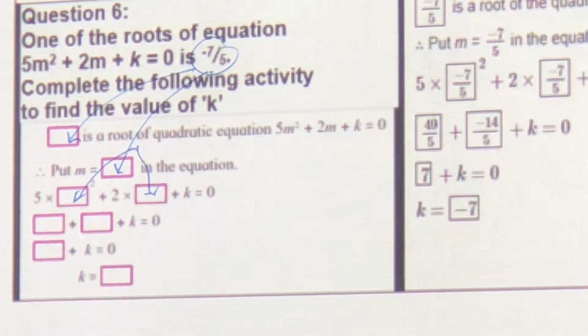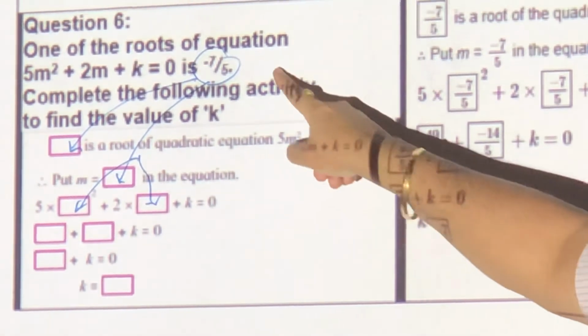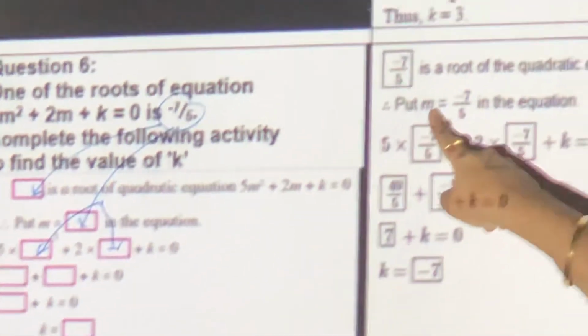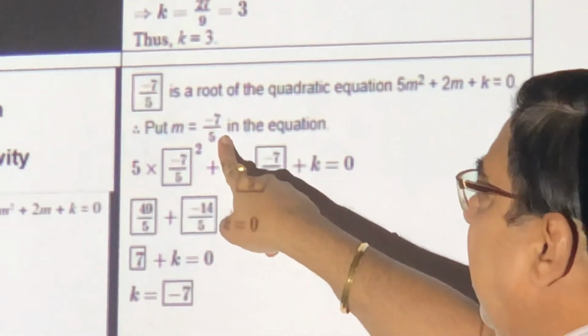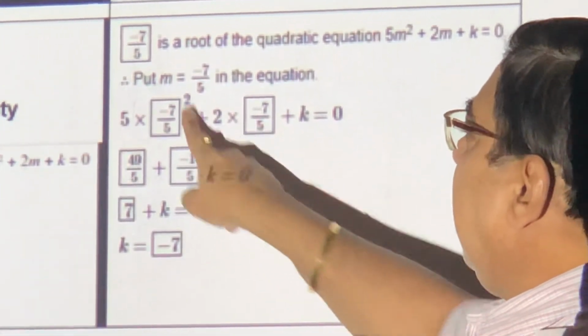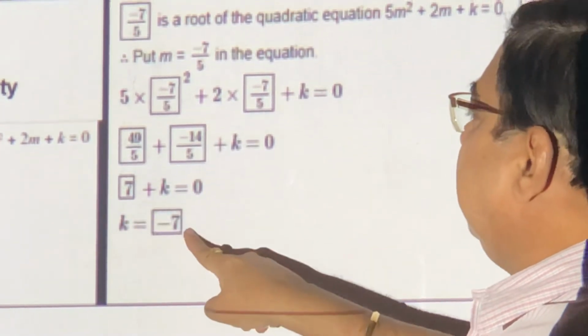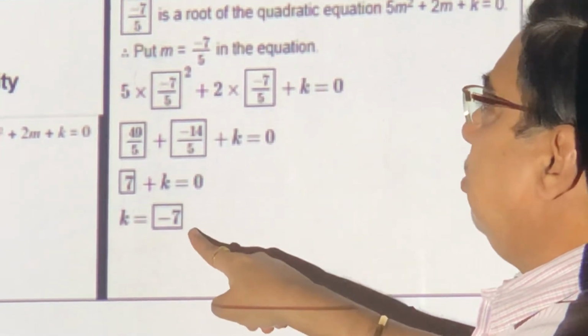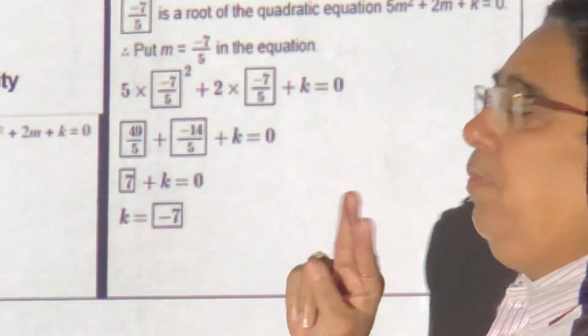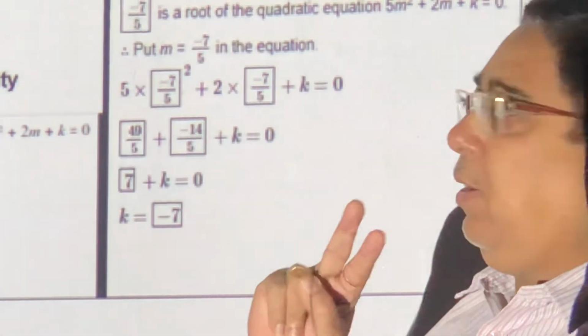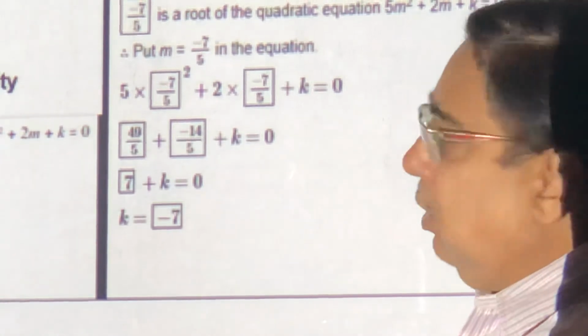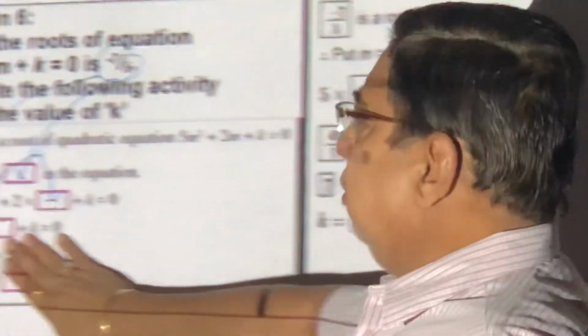They have told us minus 7 upon 5 is the root. Therefore, I will put the value minus 7 upon 5 for m. Then I will solve, and I will get the equation, left hand side equal to right hand side. That's why k is equal to minus. Such a simple sum, and they give you 2 marks for it. Be very careful, my friend. This is how it comes in the exam in this form.